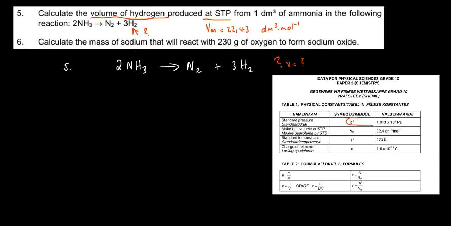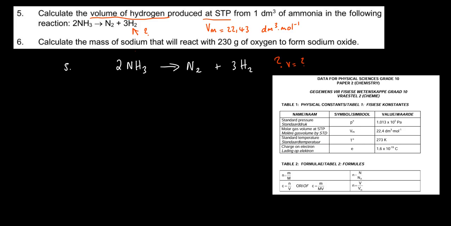It's going to be given at the back of your formula sheet, at the back of your question paper there. Those last pages, you will find this table there. It has the standard pressure and then it also has the standard temperature. So here the standard temperature is 273 kelvins. Okay, 273 kelvins.